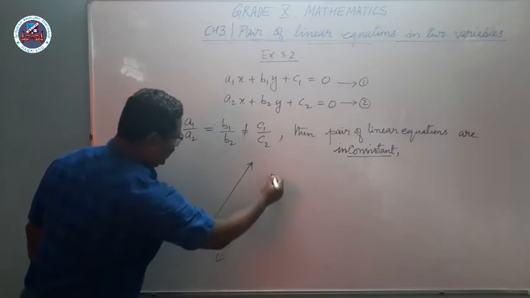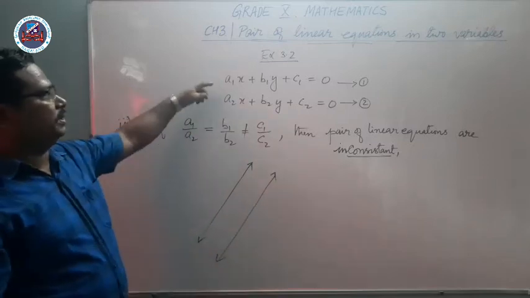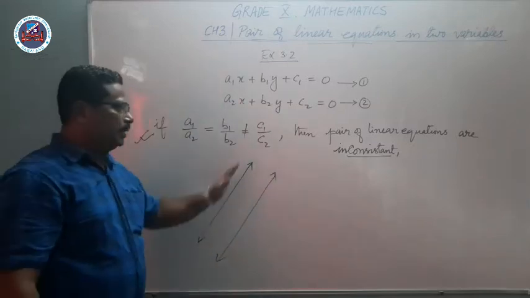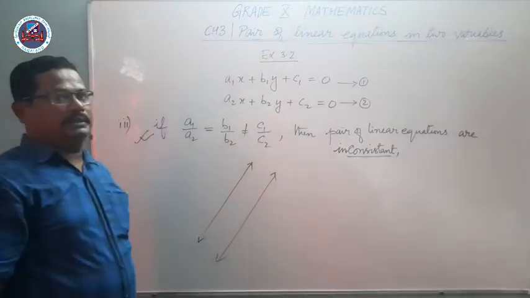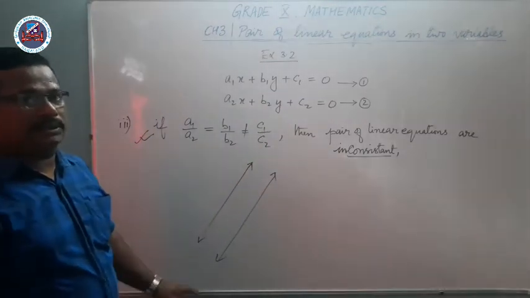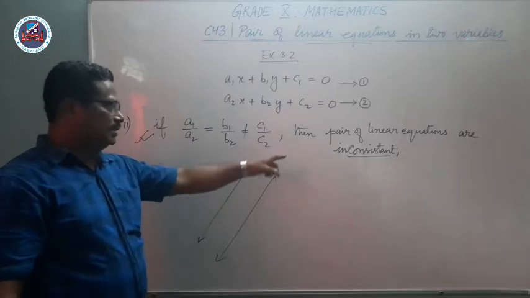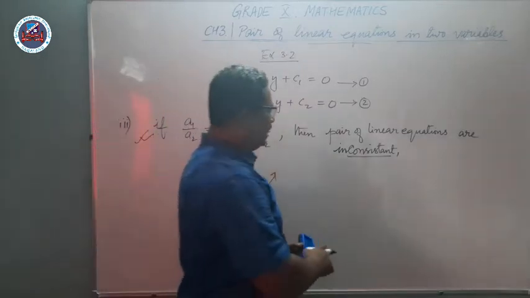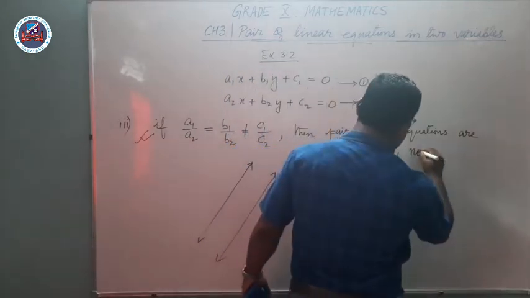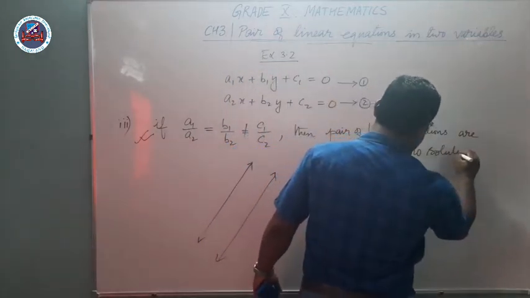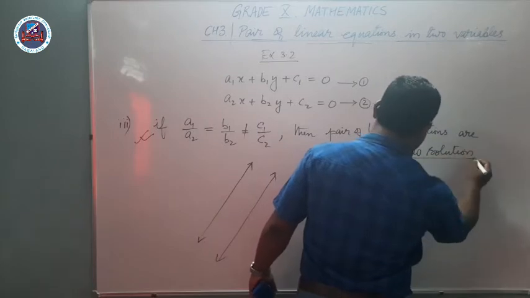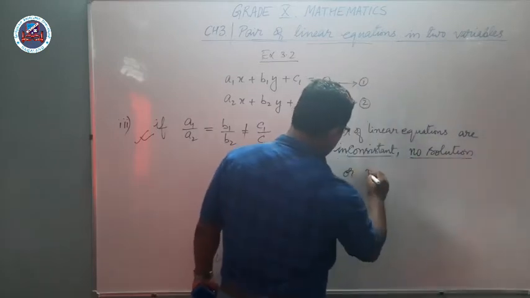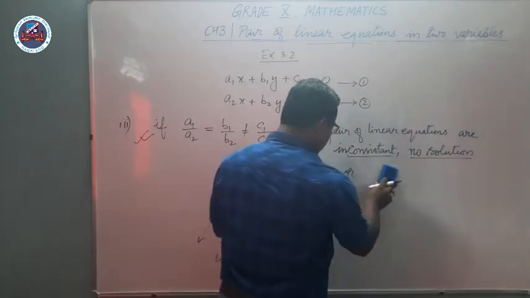They are parallel lines. The two given equations are parallel to each other, so they are not consistent, and we call it inconsistent. The lines will be parallel and there will be no solution. Values of x and y will not exist: no solution, or parallel lines.